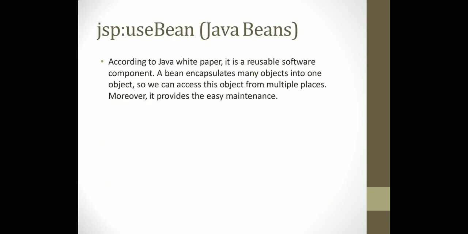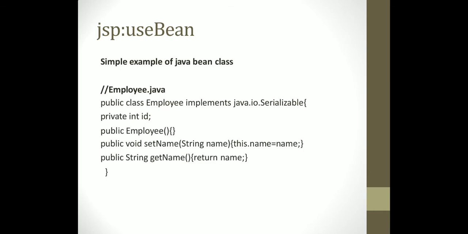Then JSP useBean. Java beans, according to the Java white paper, are a reusable software component, and a bean encapsulates many objects into one object. So we can access these objects from multiple places, and moreover it provides easy maintenance.